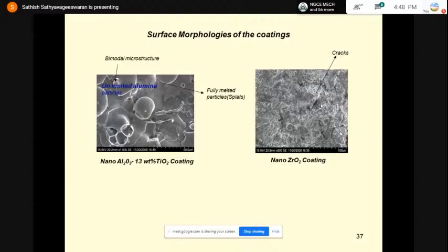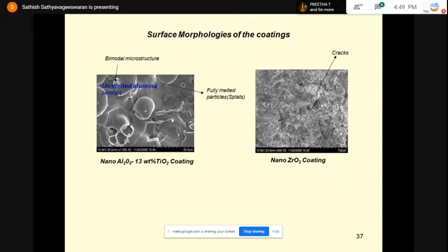And this is the surface morphology of the plasma sprayed coating. I told you that we have deposited three different materials for coating. In the first case, this is the scanning electron microscopic image of the nanostructured coating, a combination of fully melted particles, which are known as splats. I already discussed the splat formation, and moreover, you could see some amount of unmelted particles.